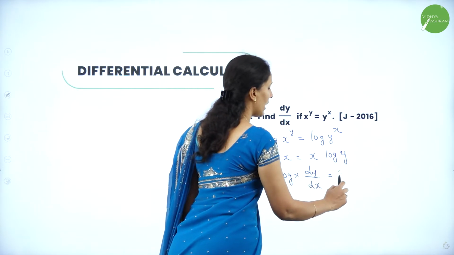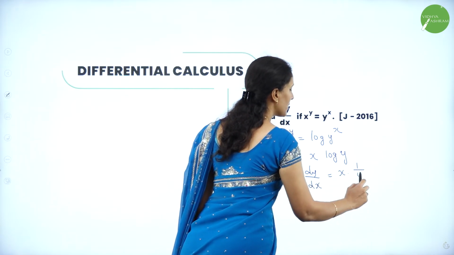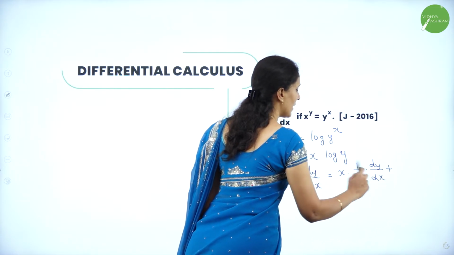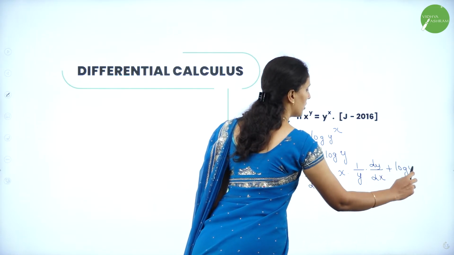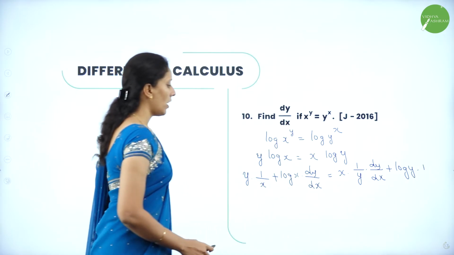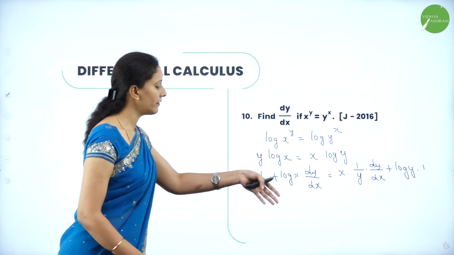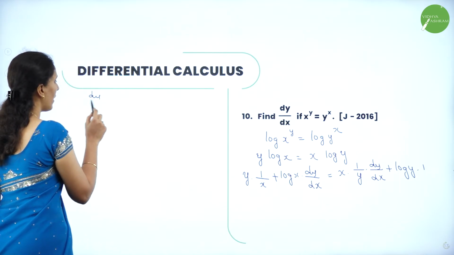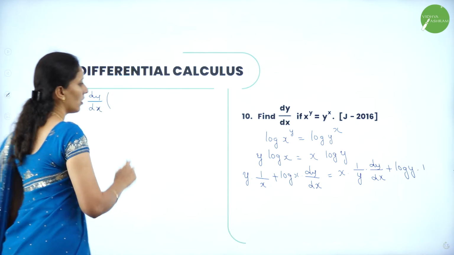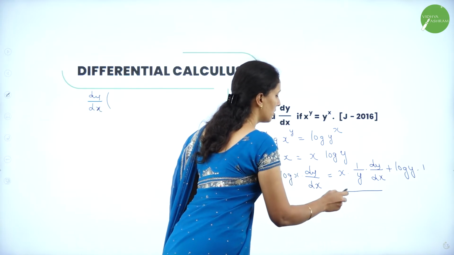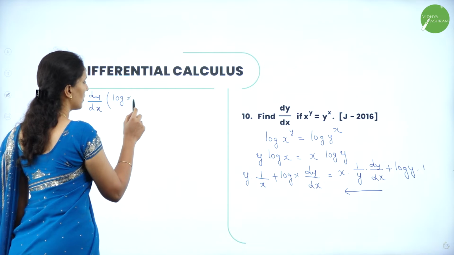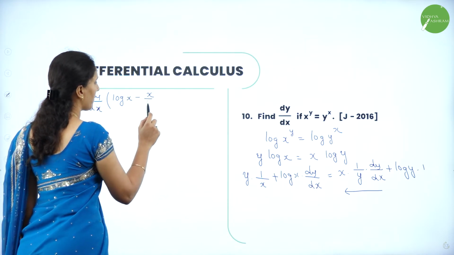Now here x into derivative of log y is 1 by y into dy by dx plus again log y into 1. Now let us take dy by dx on your left hand side. So if you take dy by dx here, then it becomes log x minus x by y.